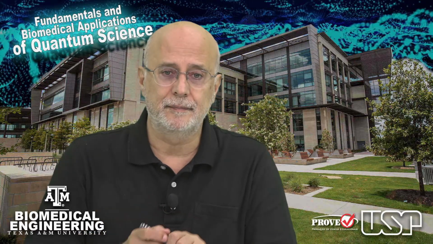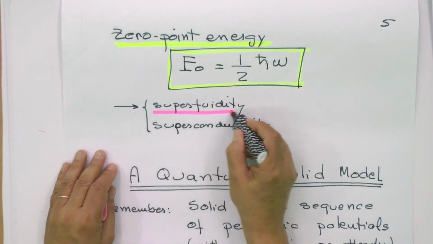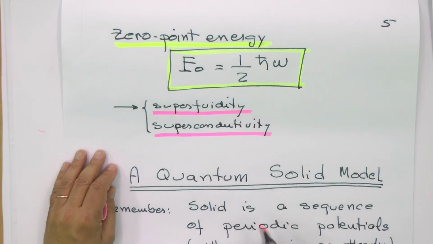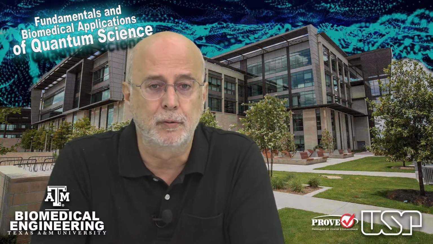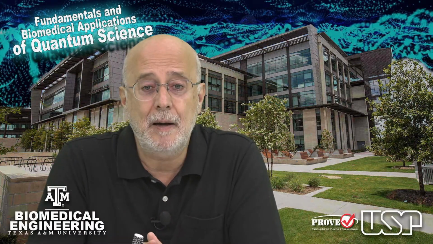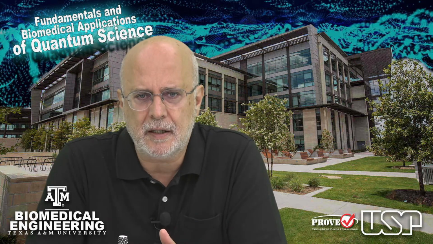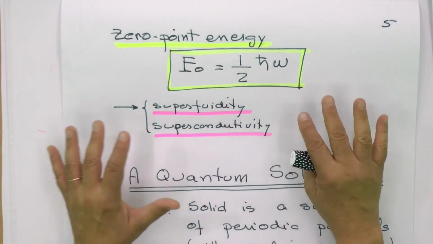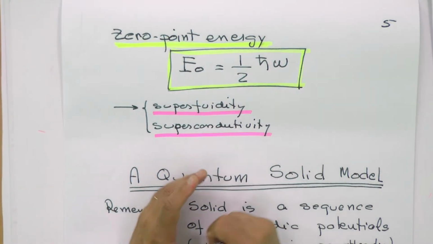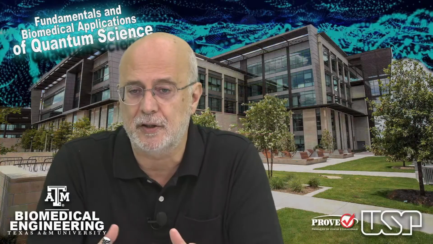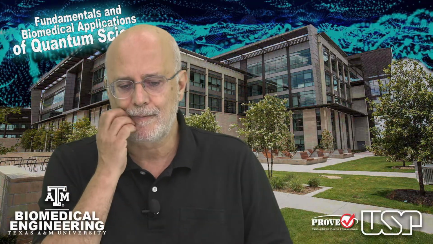If I tell you, you may not believe me at this point, that superfluidity, superconductivity, and many other super properties come from the fact that when I decrease the energy of the physical system, they go to a finite energy, which is the minimum energy of the system, and this wave function starts to have special behavior because it's the most delocalized possible.